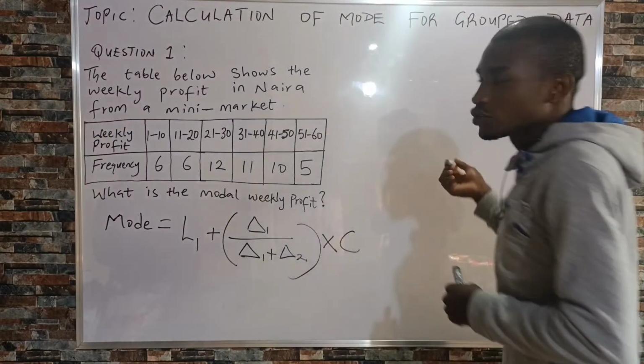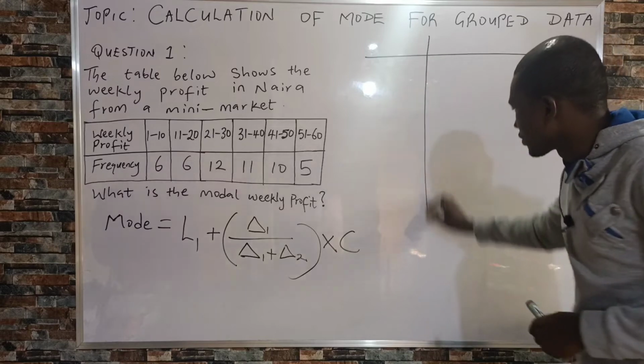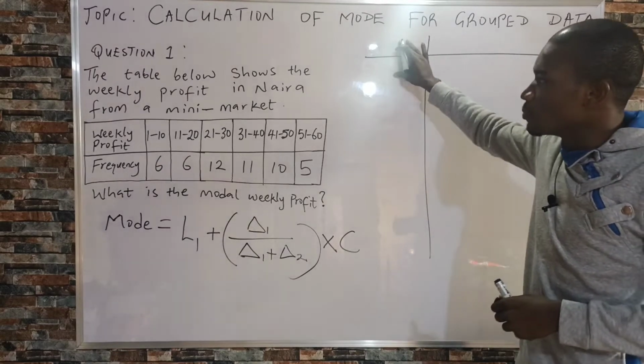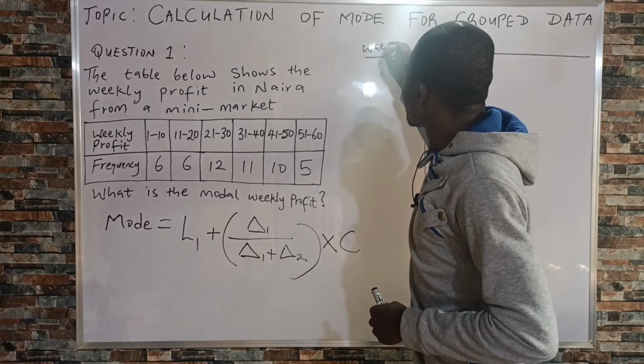First thing first, we draw our table. For the first column, we have our weekly profit.